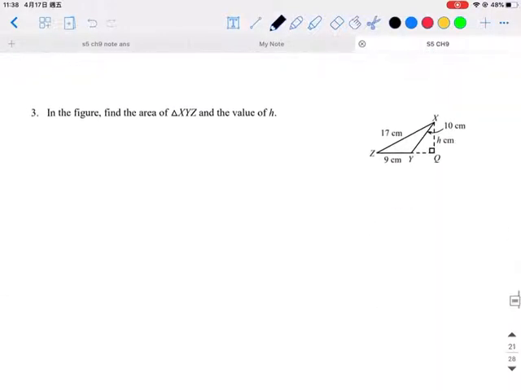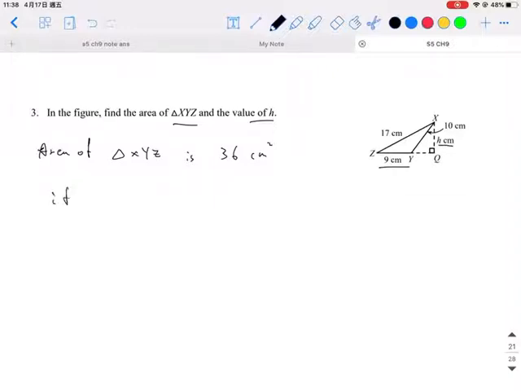Okay, so for question number 3, in the figure, find the area of XYZ and the value of h. For part A, the area of triangle XYZ is not difficult; by Heron's formula, you can get 36 cm squared quickly. And the second one: if this time XQ is the height, then XY is the base.